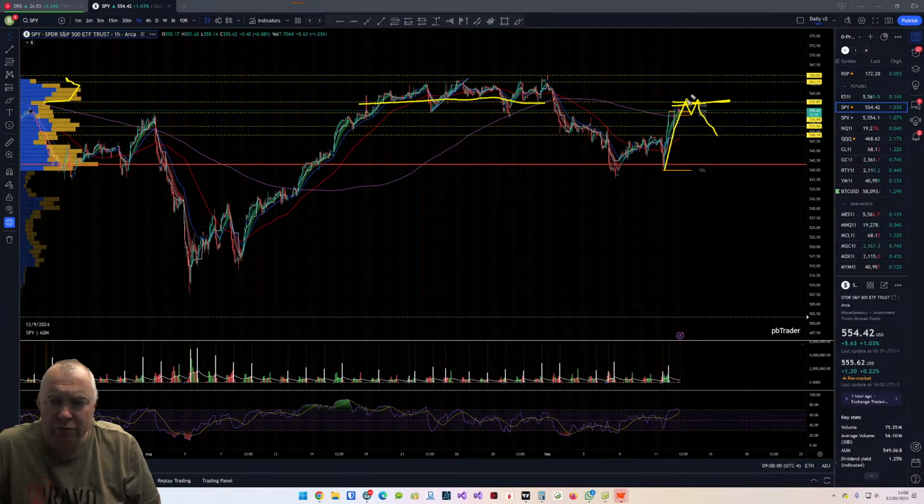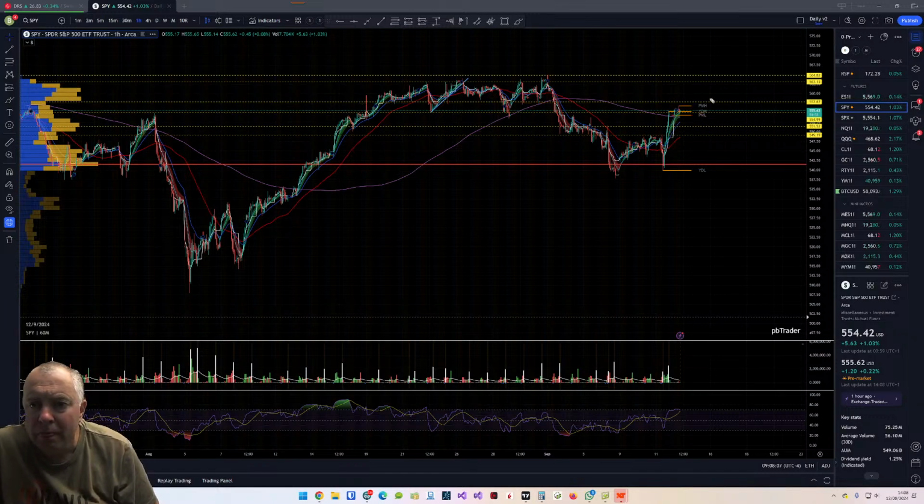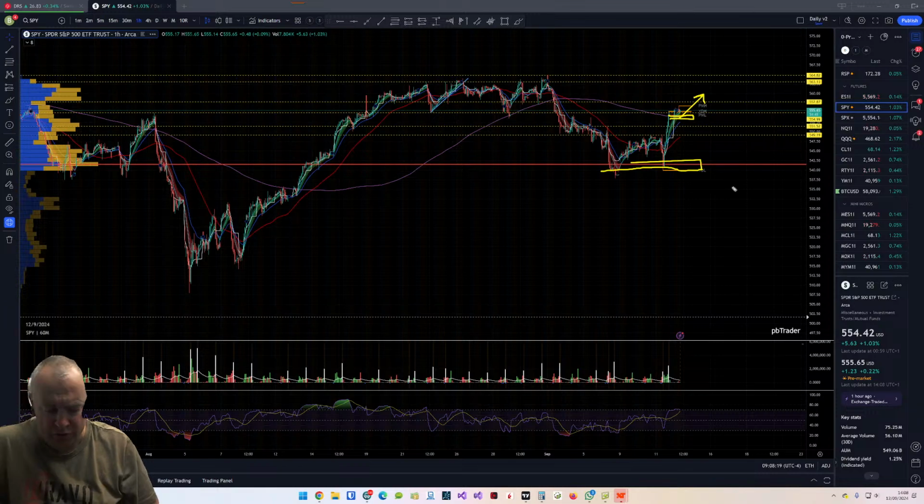Not sure I like the break and retest long into it because of the amount of volume above, but we can keep an eye on that as a scalp. If we bounce off this pre-market low, I'll look for a long. Again, I'll take the ES long, and again I'm watching this region, yesterday's low, 540 to 542 for the bounce.